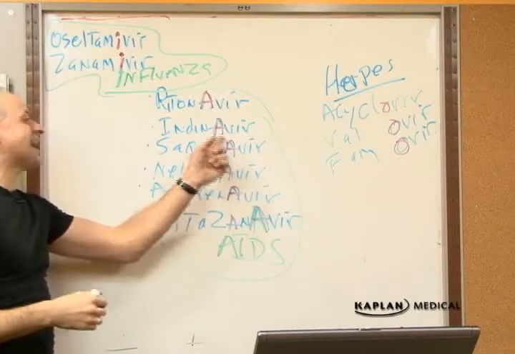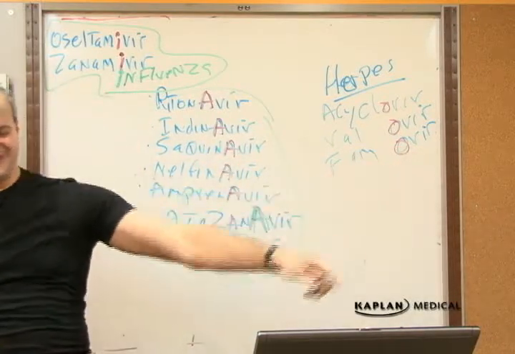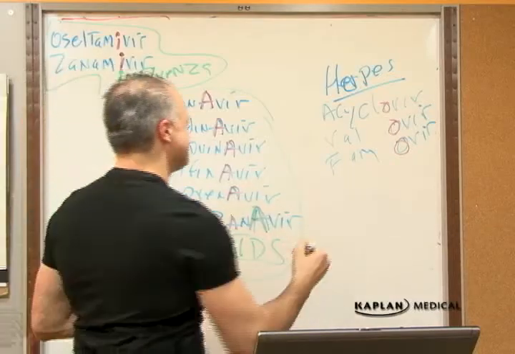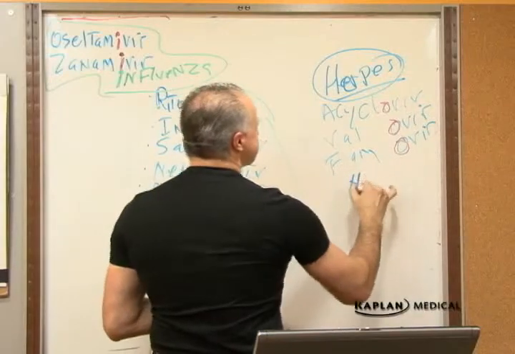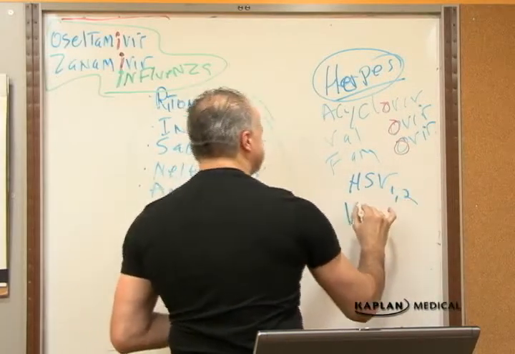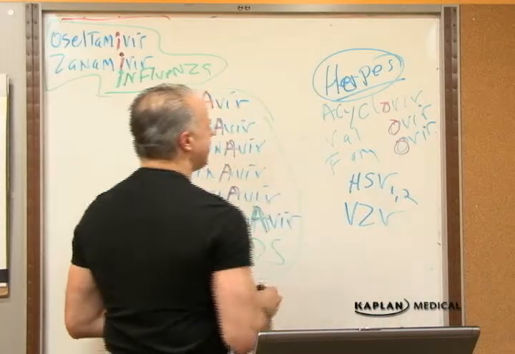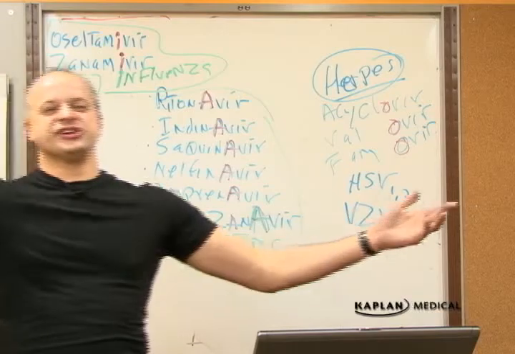I for influenza, A for AIDS, and oh shit, man, I got herpes. That's it. And this is good for herpes simplex virus 1 and 2, varicella zoster virus, and all those herpes virus families.